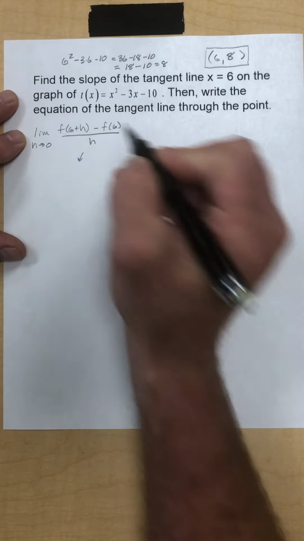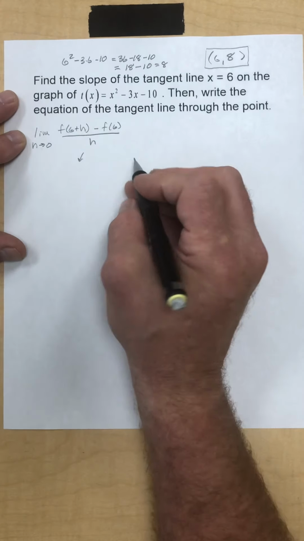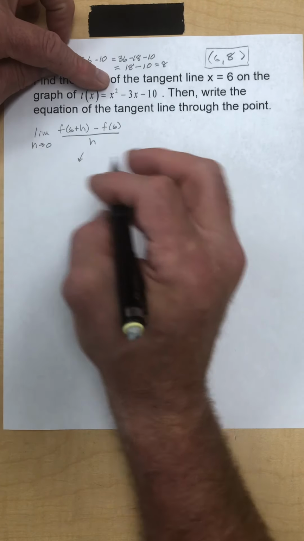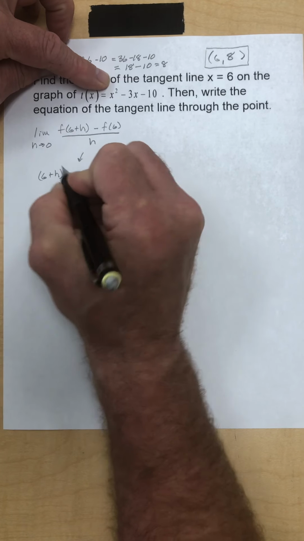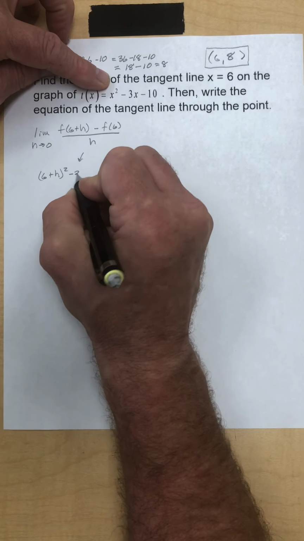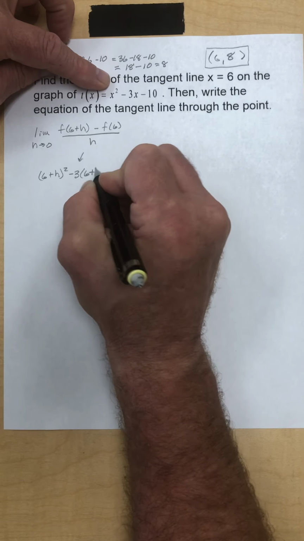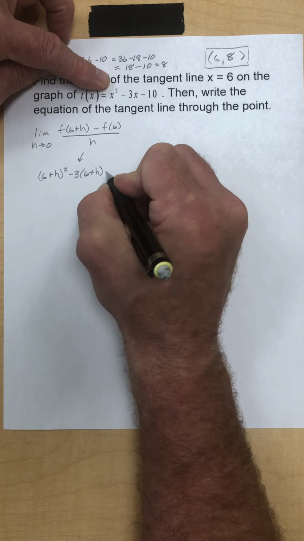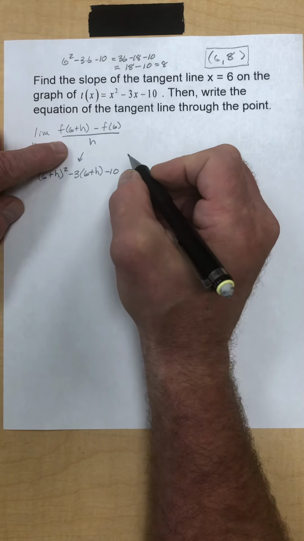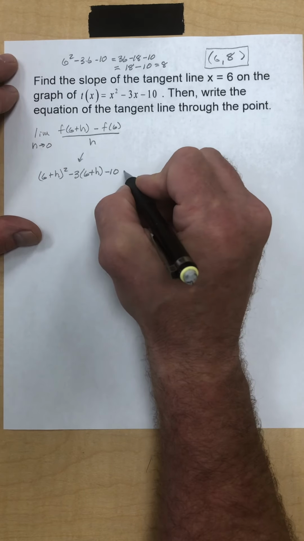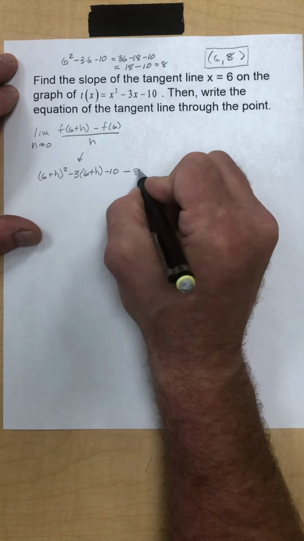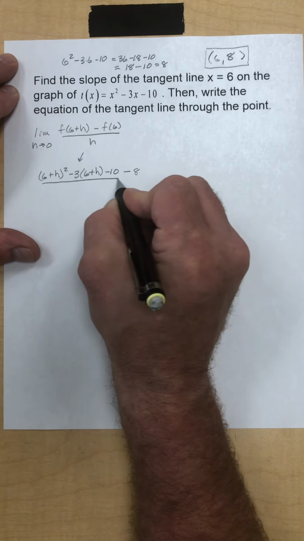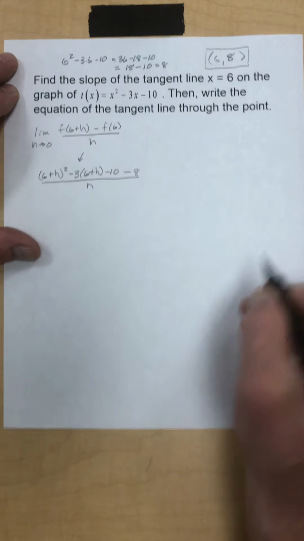Going back up, I would have 6 plus h squared minus 3 times 6 plus h minus 10, and that takes care of my f of 6 plus h. And it's minus f of 6, which is 8, all over h.